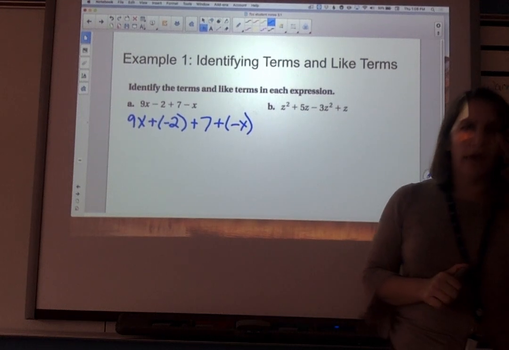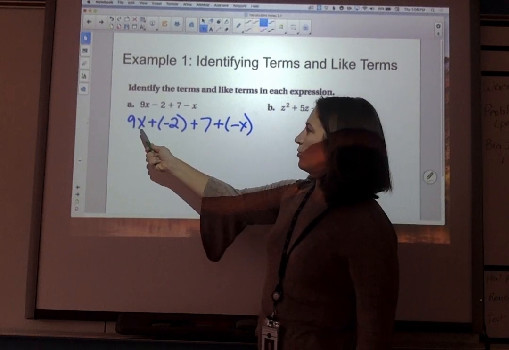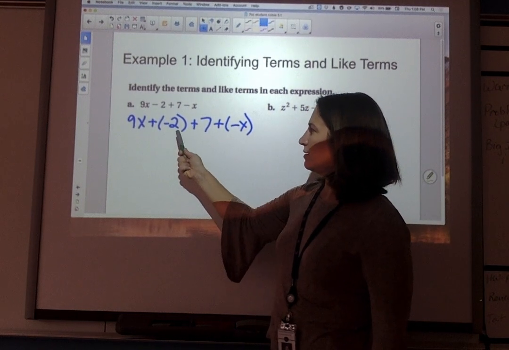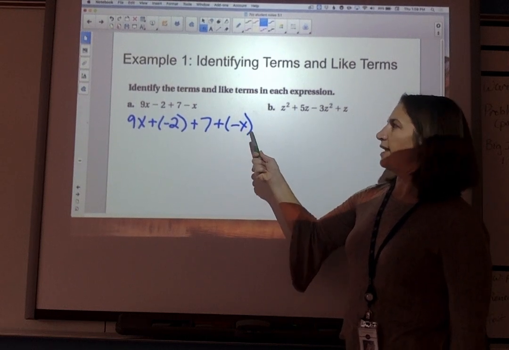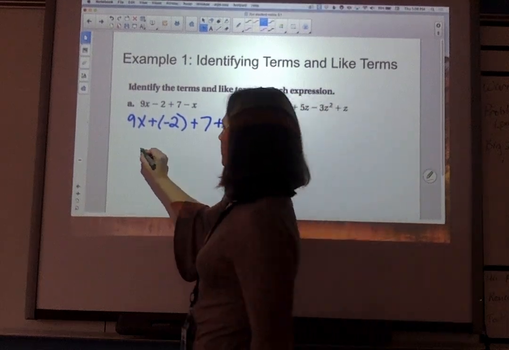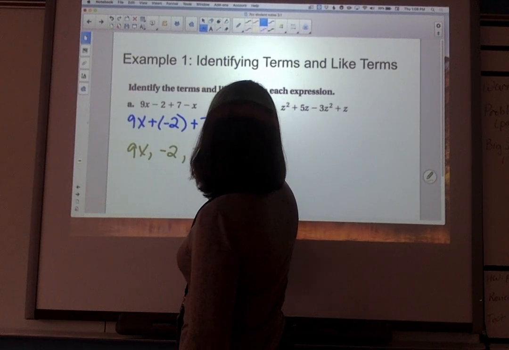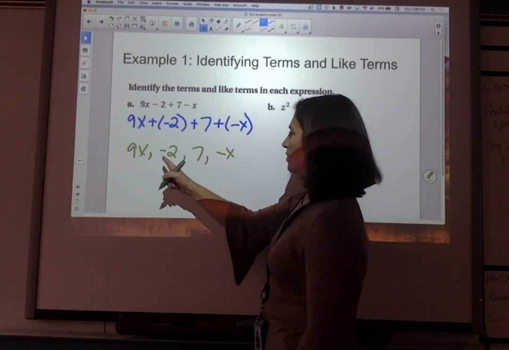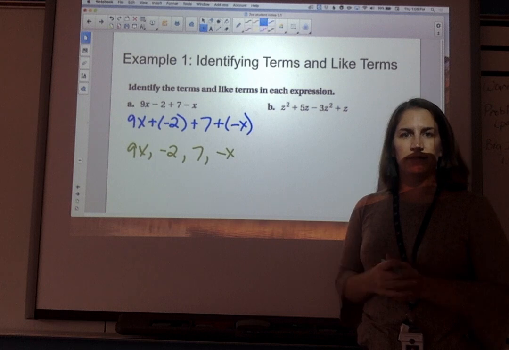Okay, so now we're going to go ahead and write the terms. We have 4 terms: 9x, negative 2, 7, and negative x. So that's our list of terms. I'm going to list them with commas in between just to make it a list.